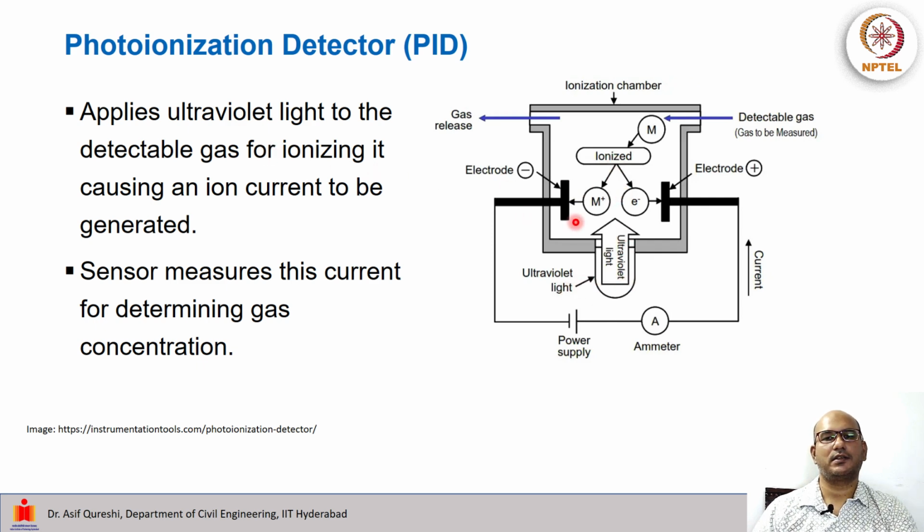The analyte gets ionized. So we have M plus going here, e minus going here, and the current will be generated, which is proportional to the amount of analyte that was ionized. So we can relate this current to the concentration of analyte in the sample, and then the gas is released to the exit.